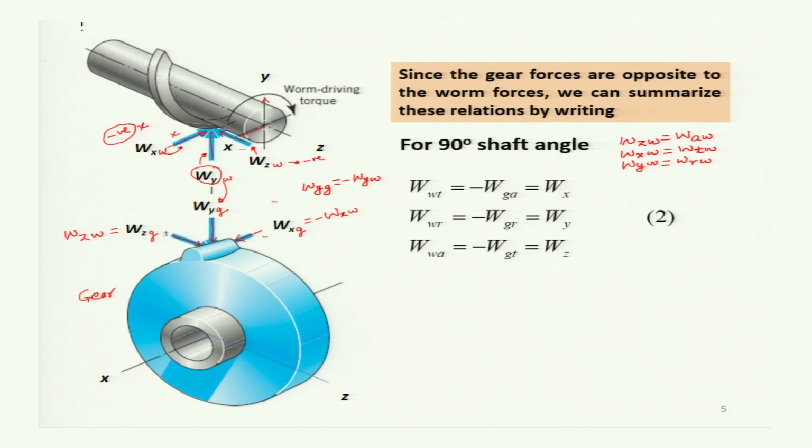Now let us see the forces which are acting on the gear in the x, y, z directions. For the case of the gear, the force acting in the direction of z is now not acting in the axial direction of the gear, but it is acting tangential to the gear.